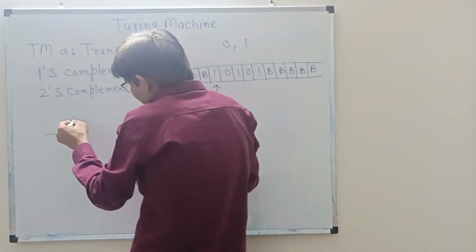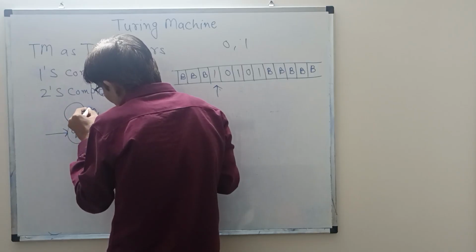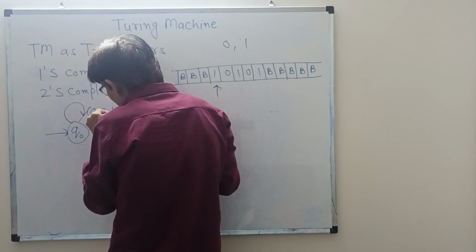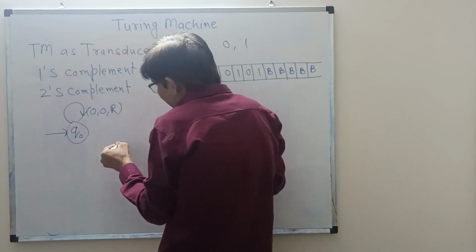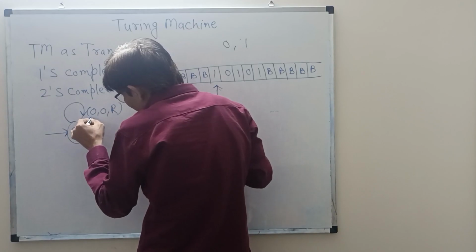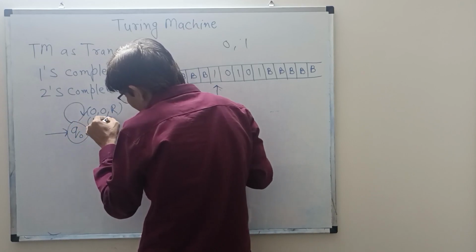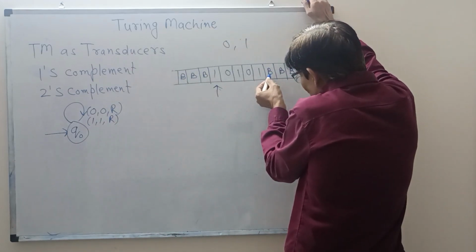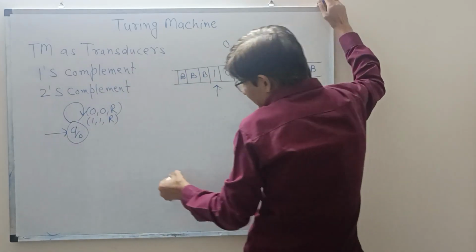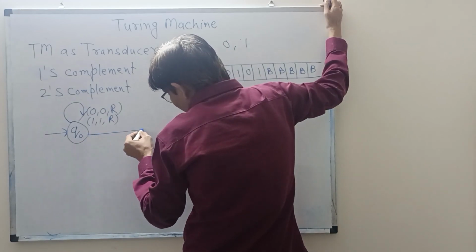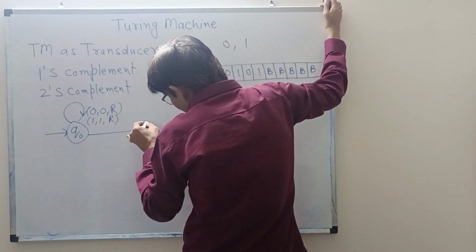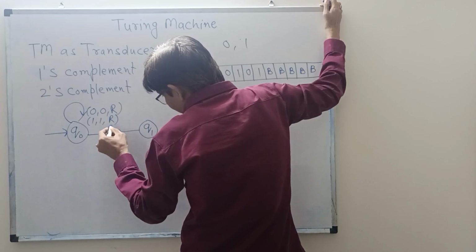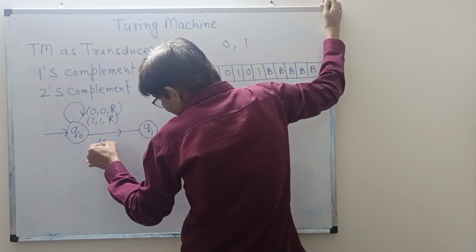So if I am getting 0, I will leave it as it is and move towards the right. If I am getting 1, I will leave it as it is and move towards the right. Then we will get the first blank here. So on the first blank, we will move to the Q1 state and we will leave this blank as it is.